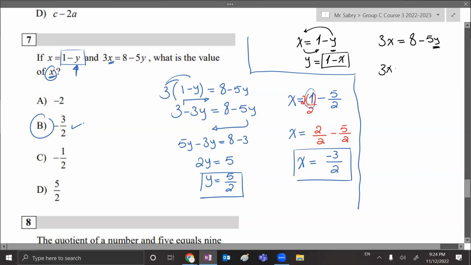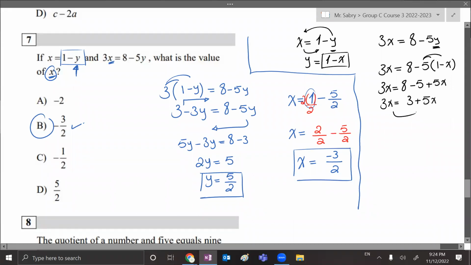So 3x will now be equal to 8 minus 5 multiplied by 1 minus x. The 3x will remain the same, the 8 will remain the same, but the negative 5 will be distributed, which will give me negative 5 plus 5x. Now 3x is then equal to 3 plus 5x.